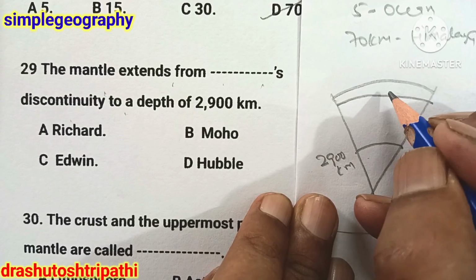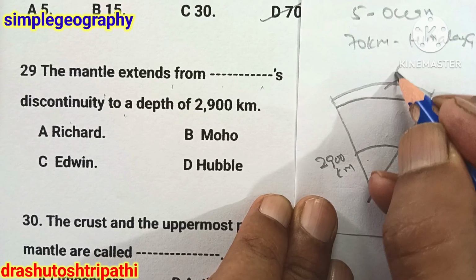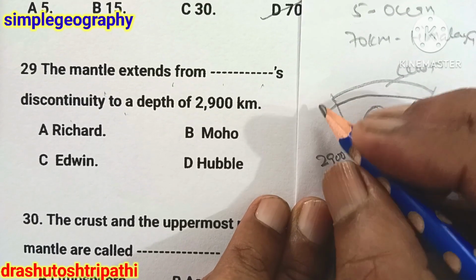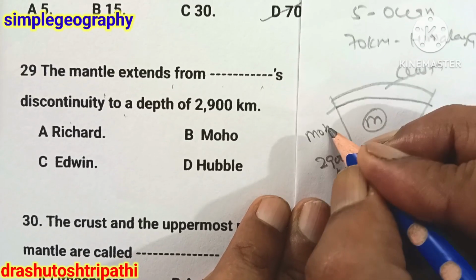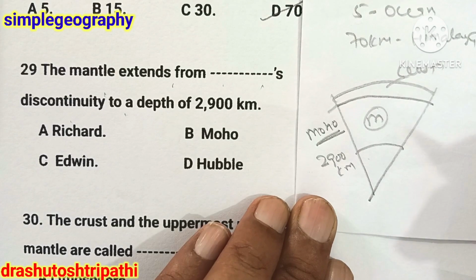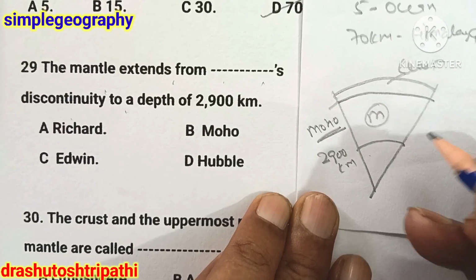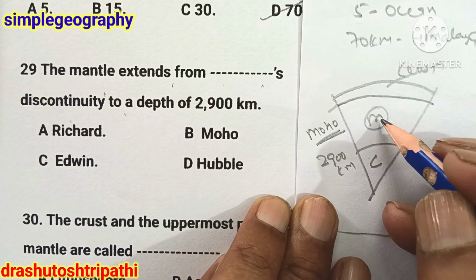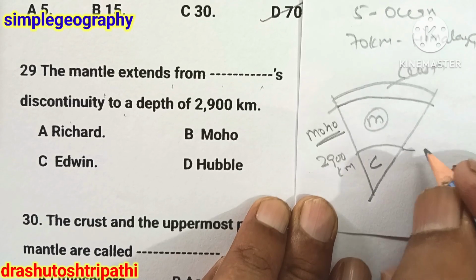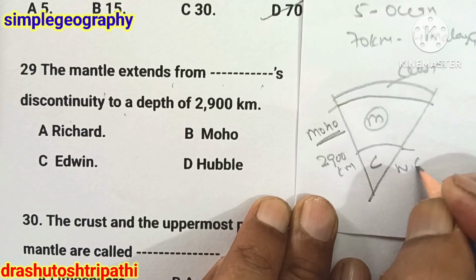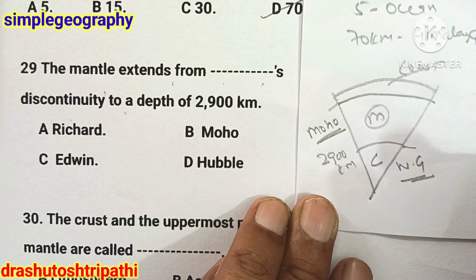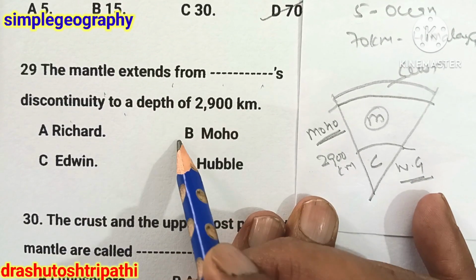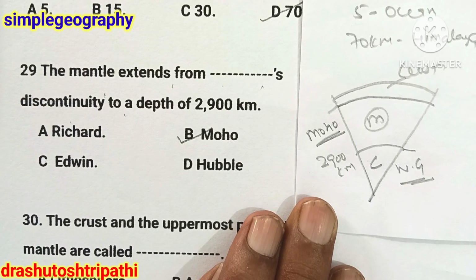The discontinuity which separates the crust from the mantle is known as the Mohorovicic discontinuity, and the discontinuity which separates the mantle from the core is known as the Wiechert-Gutenberg discontinuity. According to this question, the answer B is correct.